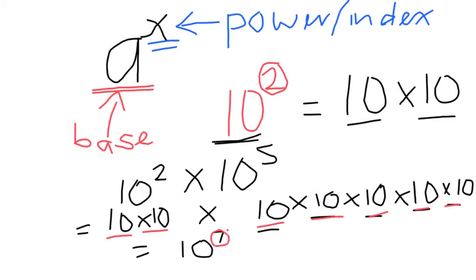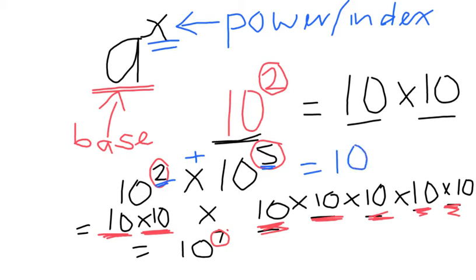Our power of 2 means that our base of 10 is being multiplied 2 times by itself, and our 10 to the power of 5 means that base is being multiplied by itself 5 times. So what we can do is add these two powers together to get our final answer of 10 to the power of 7.